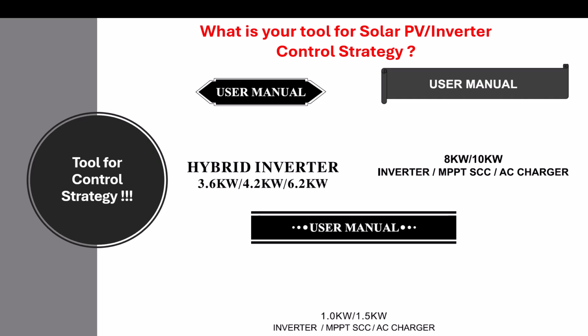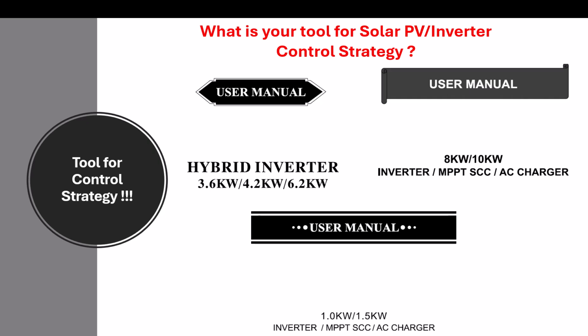Similarly, for your battery, it also gives you the boundaries of the battery. But then the system integration all comes together, encompassed in a solar PV inverter. So the strategy is actually built within a solar PV system.